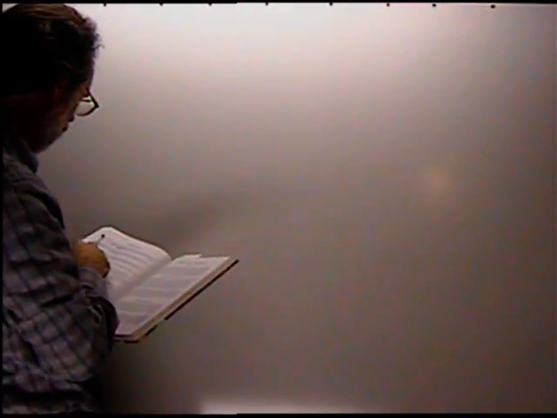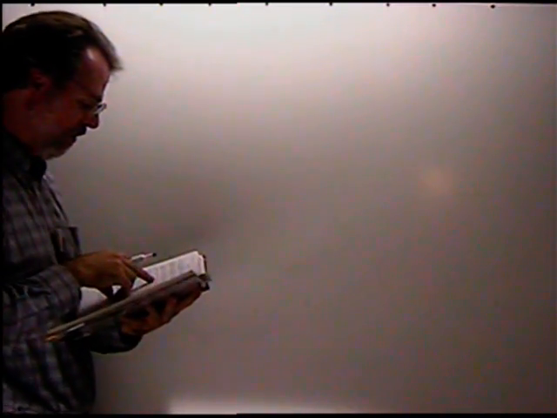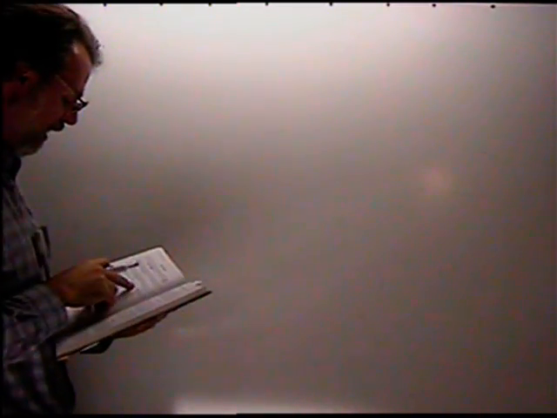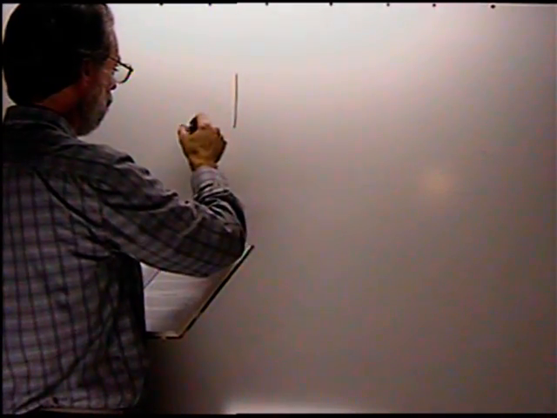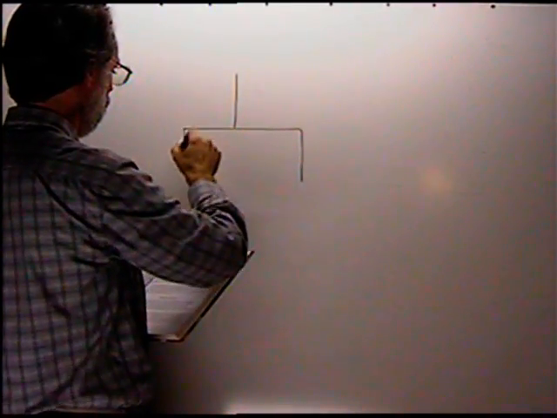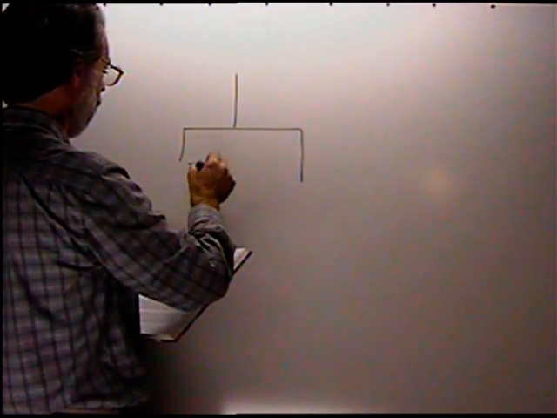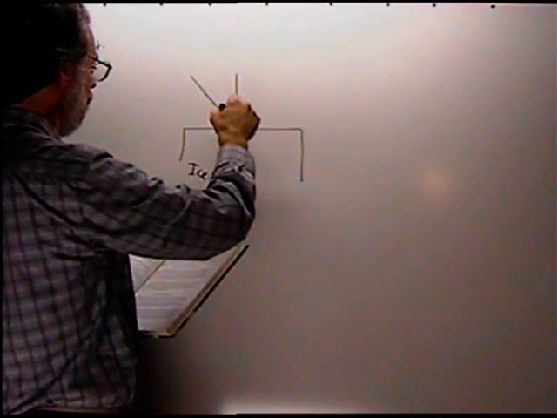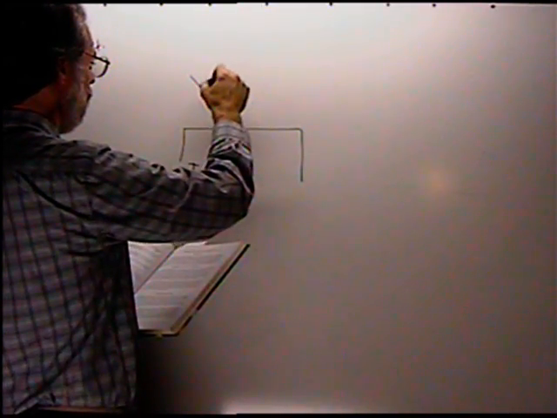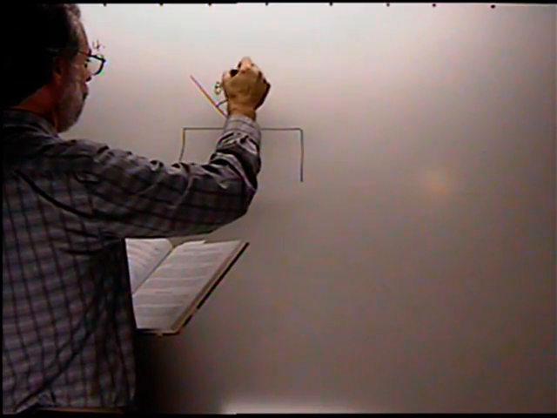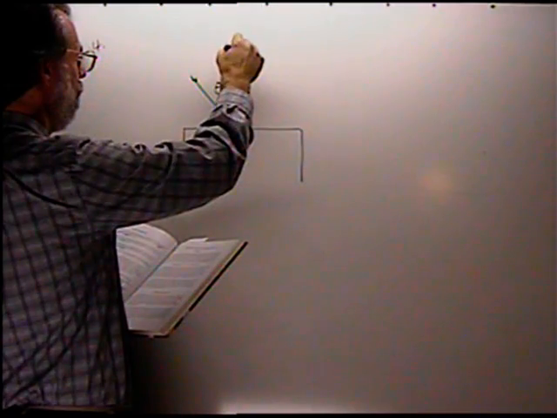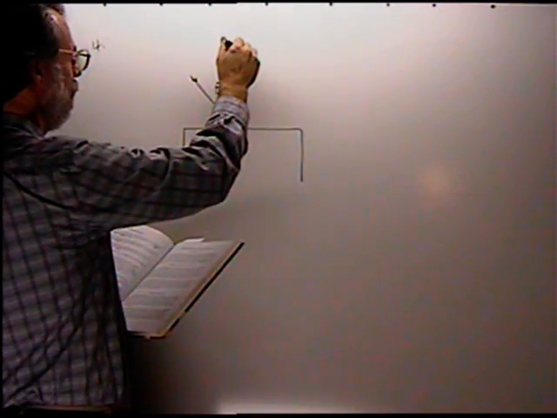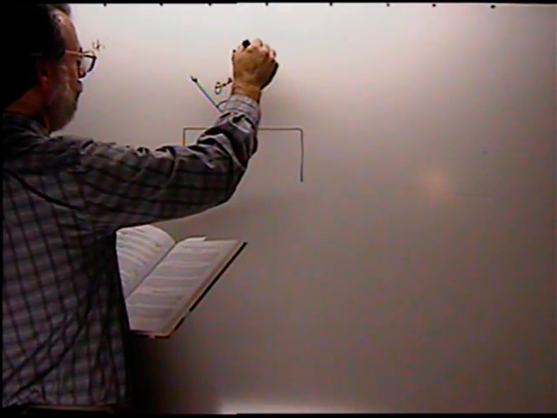Light is traveling in air, and it's incident on a block of ice at an angle of 25 degrees. So here's a block of ice, and this angle is 25 degrees. Coming in 25 from the vertical or the normal. That's what we mean.